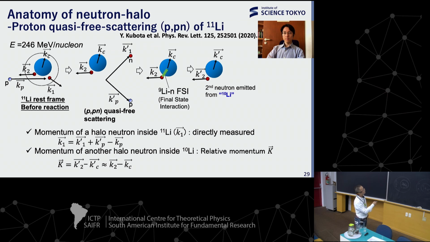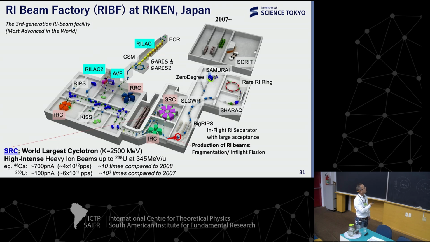This is the missing momentum measured by these three particles. So you say K1 is pretty small? K1 is pretty small, yes, with respect to the center of mass of lithium-11. Okay, so we are in the situation I was thinking.